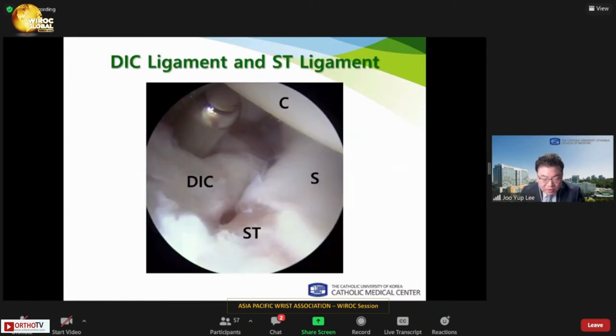Viewing from the midcarpal ulnar portal, the dorsal scaphotriquetral ligament is a discrete structure from the dorsal intercarpal ligament, and it is thicker and stronger, which may be more important for intercarpal stability.